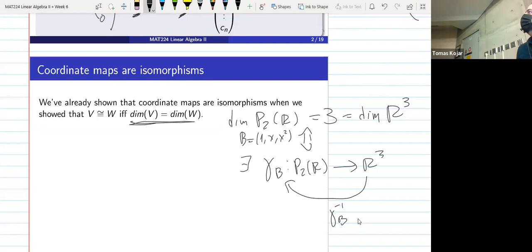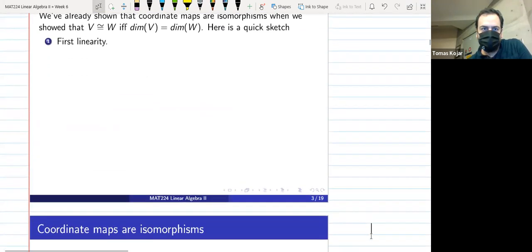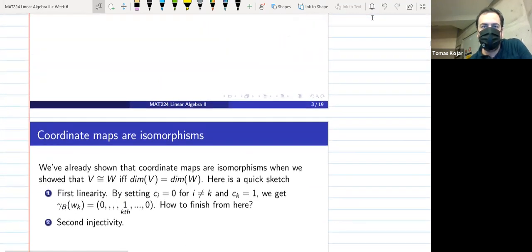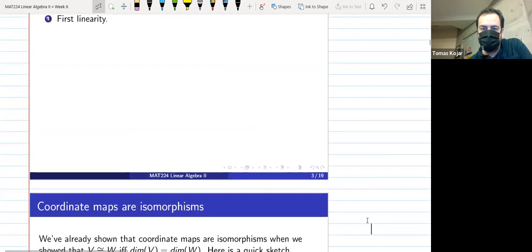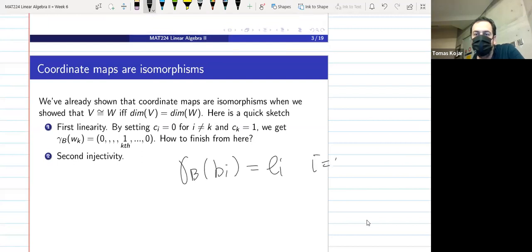So gamma B going from P2 to R3 and back. We built this map last week, and the way we built it, I think I have it here. It's the one I just mentioned. We simply took bi to ei, for i up to the dimension of V. That was our map.